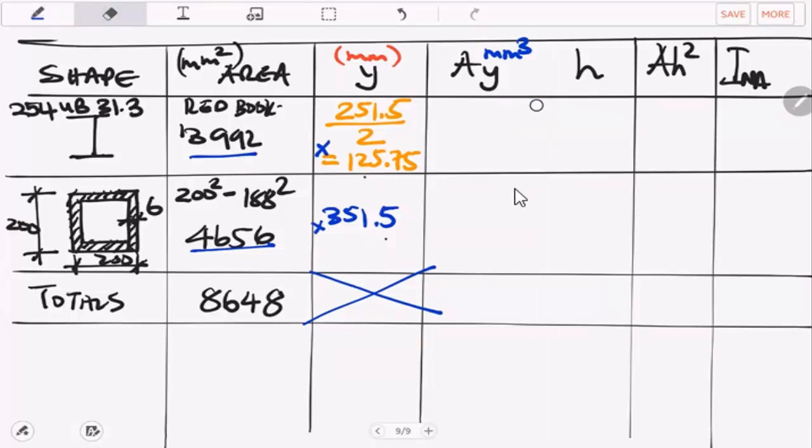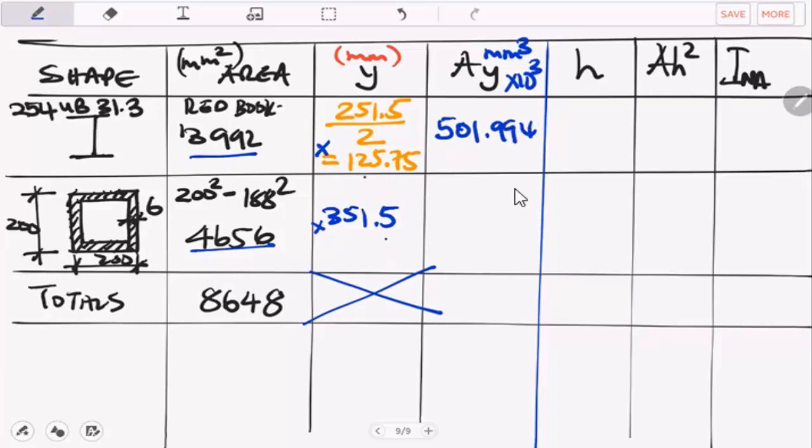You can do that calculation and just write the final answer. So it's 501,994. Express it as 10 to the power 3. Try to work to 3 decimal places. So this is going to be 501.994, and everything is going to be times 10 to the power 3.